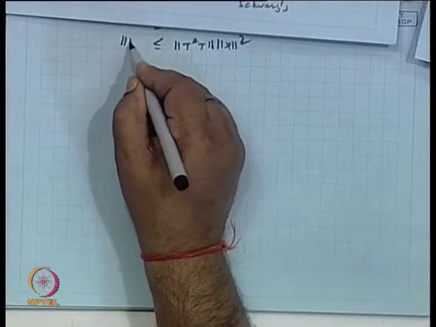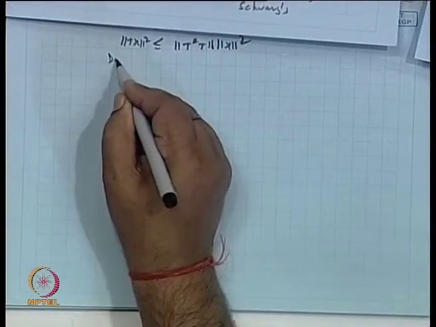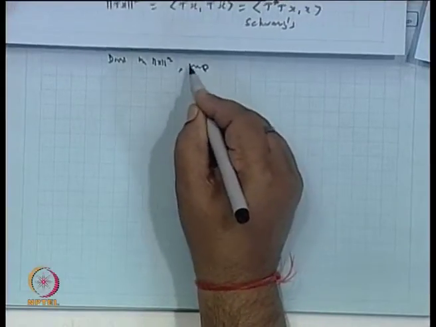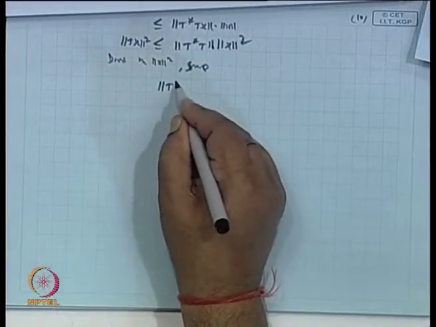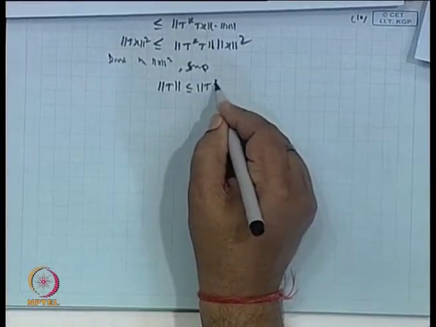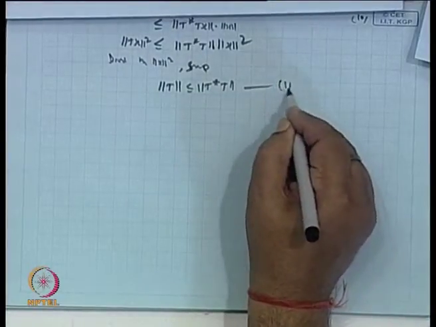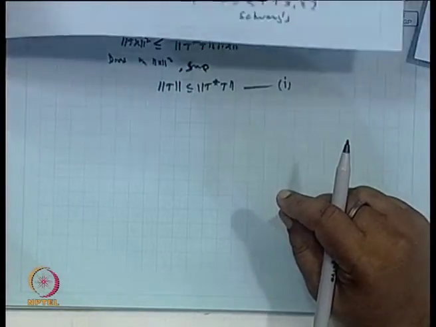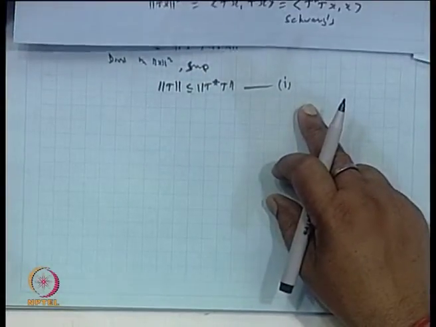So, divide by norm x square and take the supremum. So, we get norm of T square is less than or equal to norm of T star T, is it not? Clear? Is it correct or not?